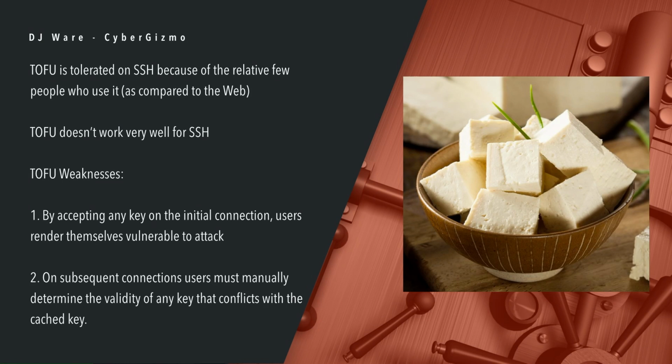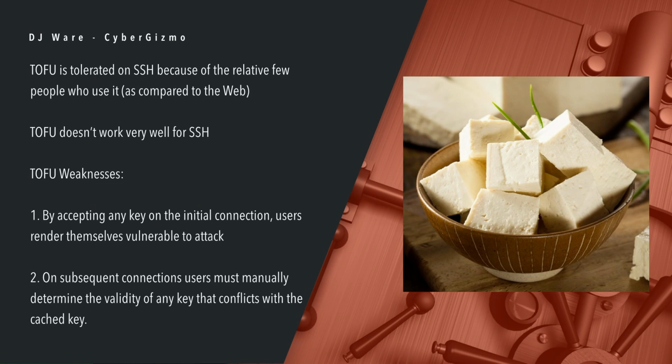It has a couple of major weaknesses, and the first one is that TOFU provides a prompt on the initial connection to a server by a client for the very first time. It'll ask you, this is an unknown server, do you want to accept this connection? Well, how would a user know if that key that was being issued to it is valid or not? You have no idea.